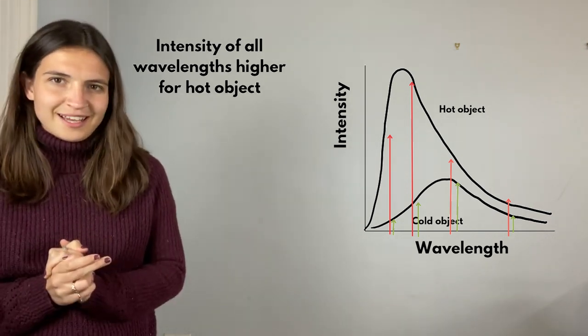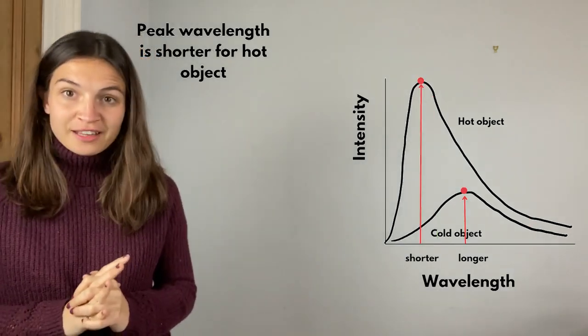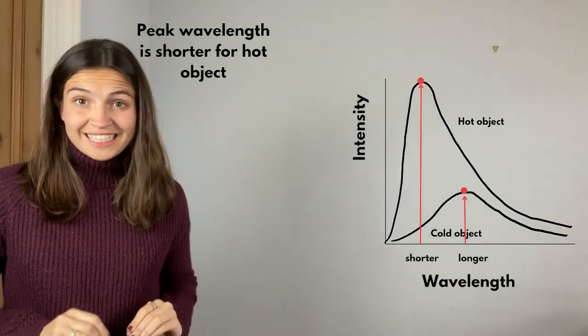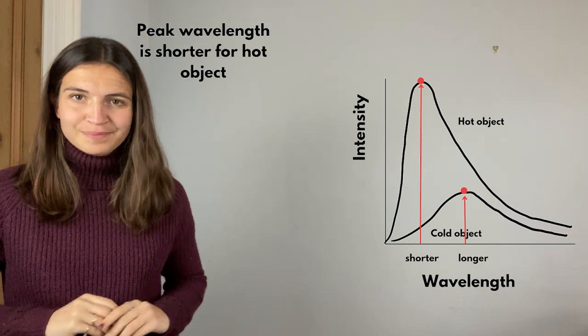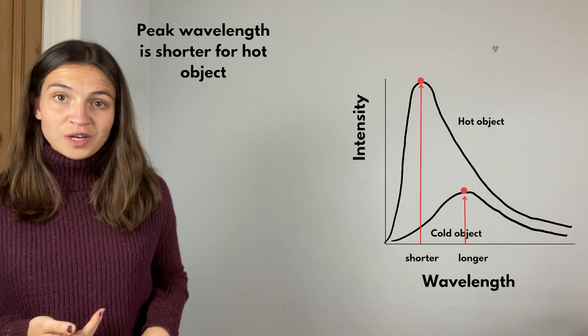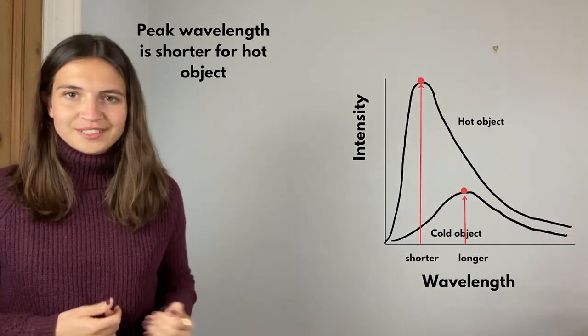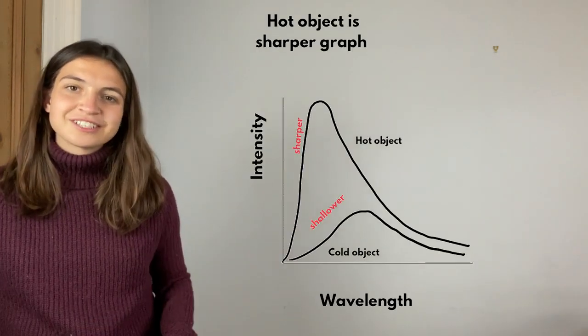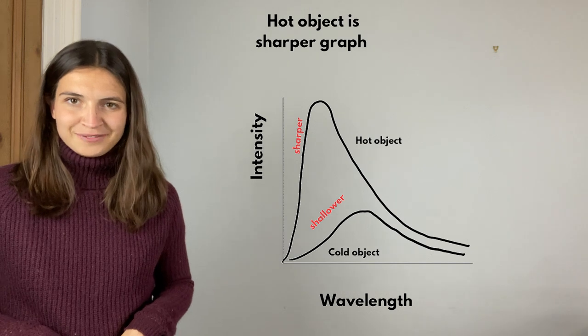The second thing you might notice is if you look at the wavelength, which is the highest intensity for these two graphs. For the hot object, you will see that that wavelength is smaller than for the cold object. The final thing is the sharpness of these graphs.